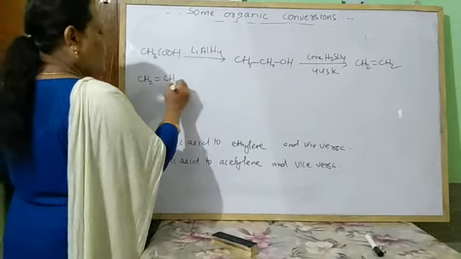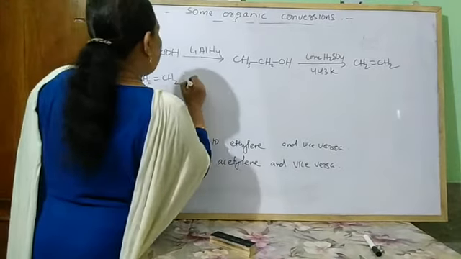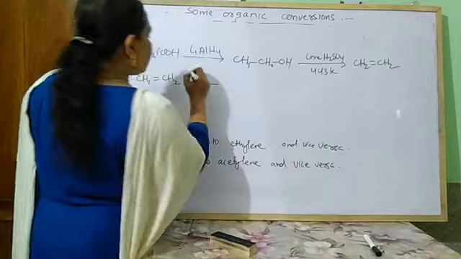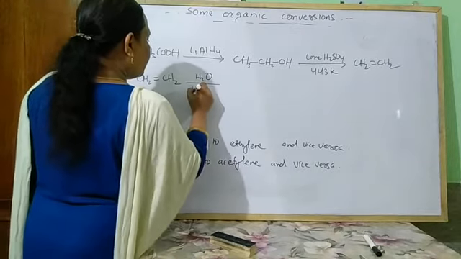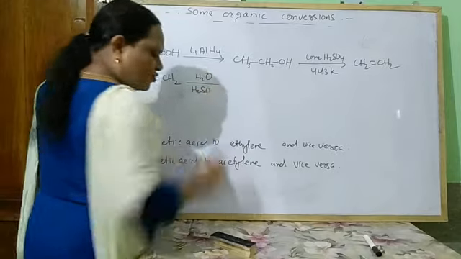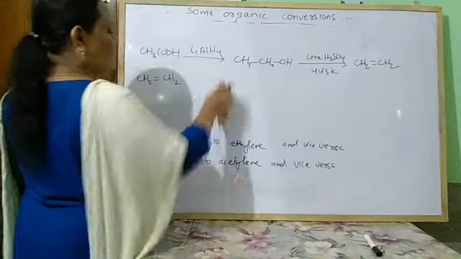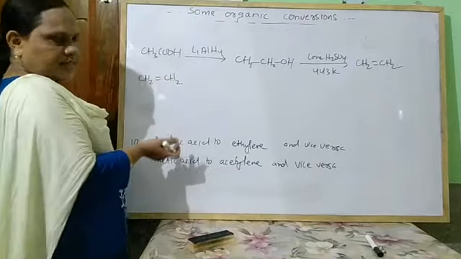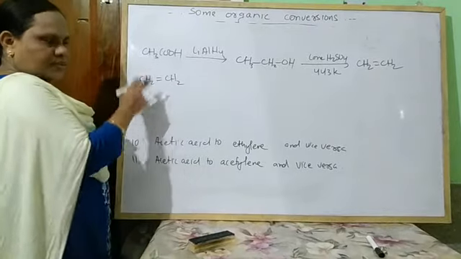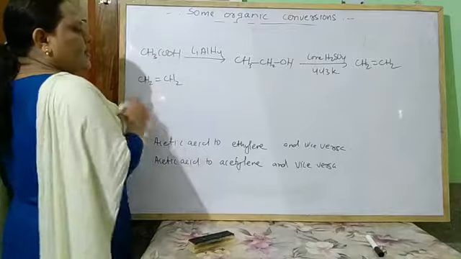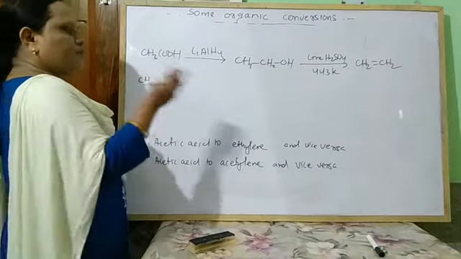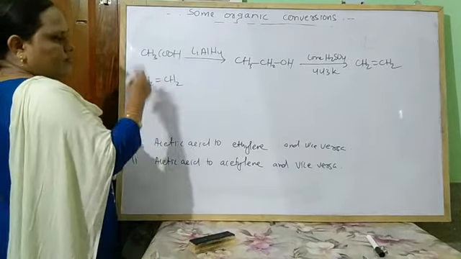So ethylene is treated with water in the presence of sulfuric acid. Actually, it first reacts with concentrated sulfuric acid to form alkyl hydrogen sulfate, this ethyl hydrogen sulfate, and this ethyl hydrogen sulfate is then treated with water to form alcohol.